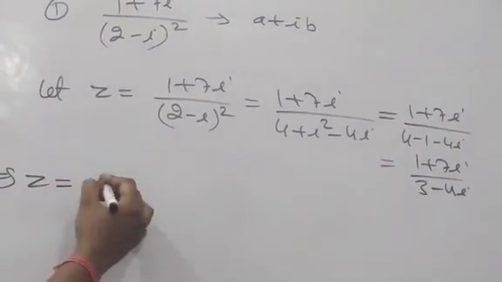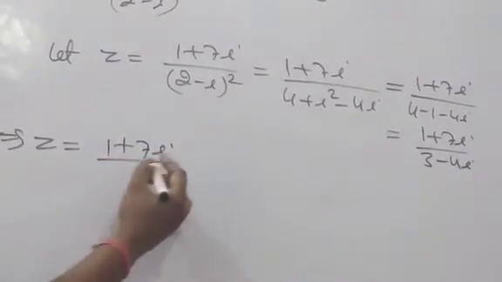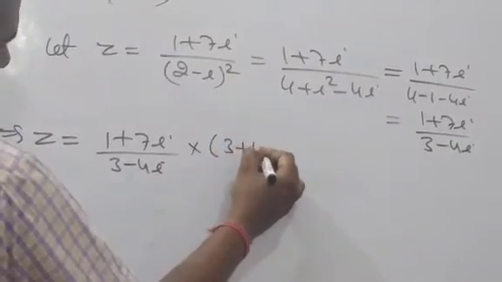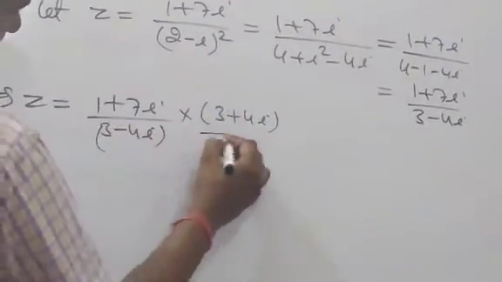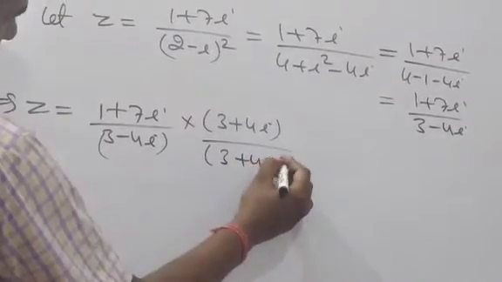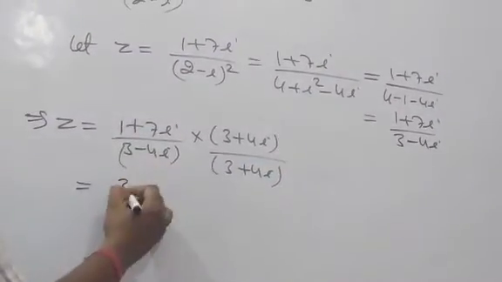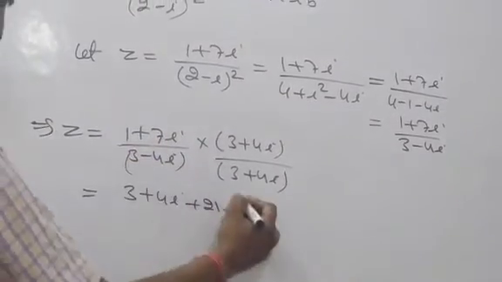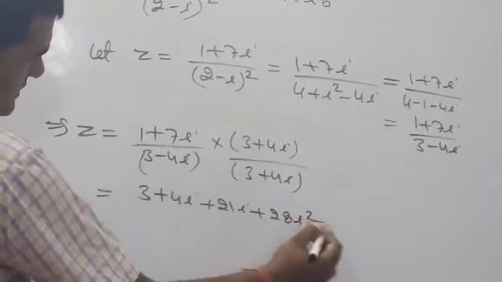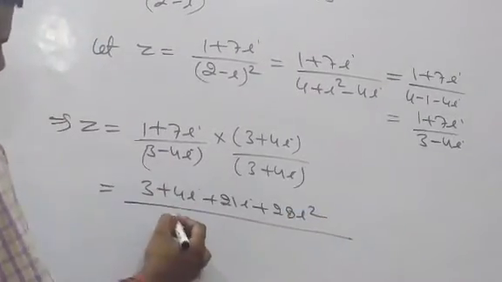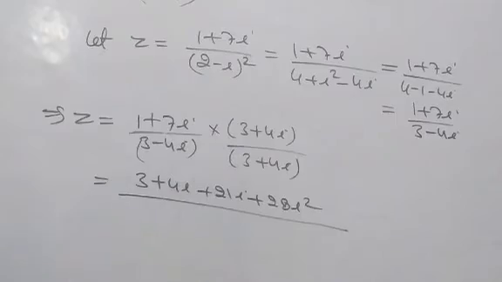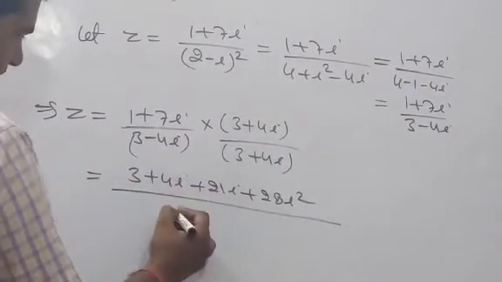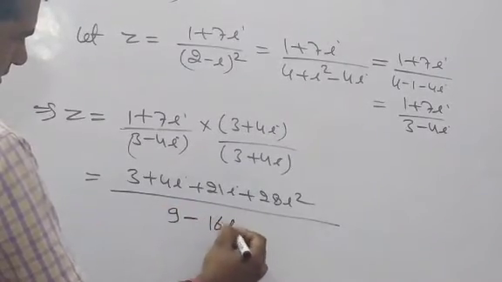Now multiply 1 plus 7i upon 3 minus 4i by the conjugate 3 plus 4i. Now 1 into 3 is 3, plus 4i, plus 21i, plus 28i square, whole upon 3 minus 4i into 3 plus 4i, which means a minus b into a plus b, that is 9 minus 16i square.